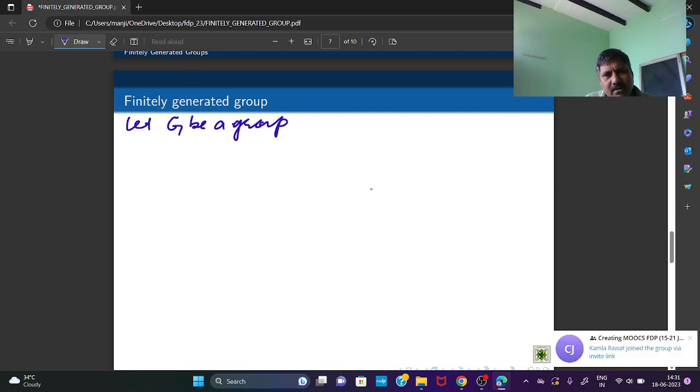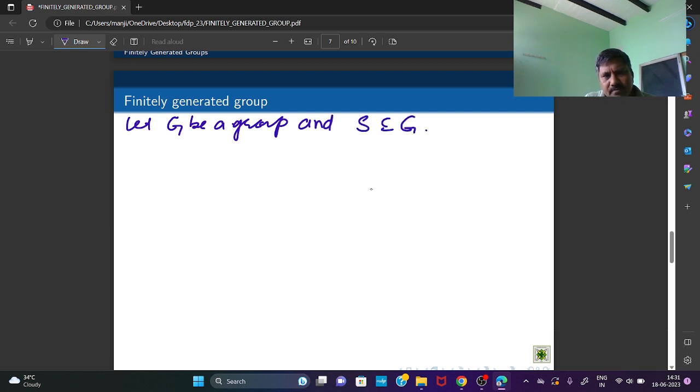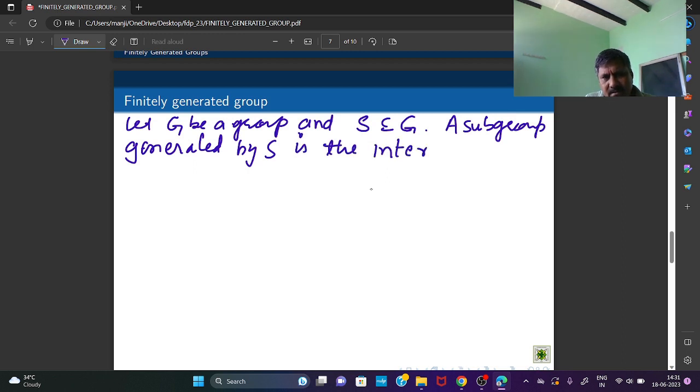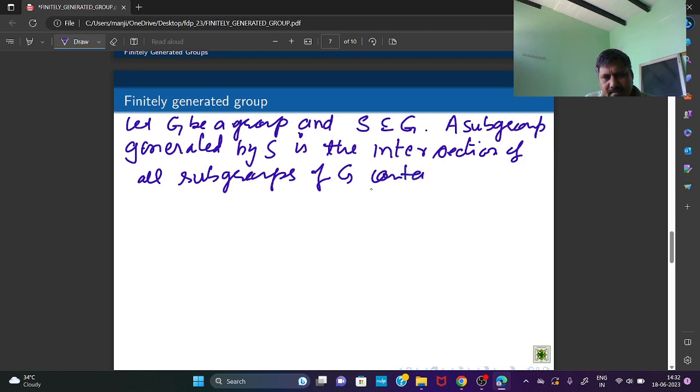It may be finite or infinite, and S be any subset of G. So a subgroup generated by S is the intersection of all subgroups of G containing S.